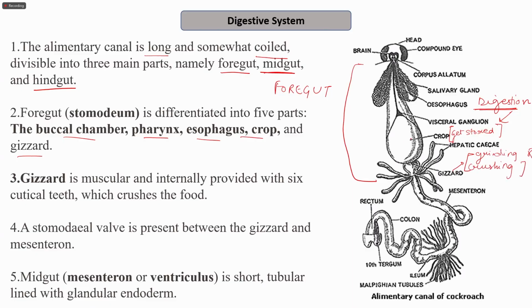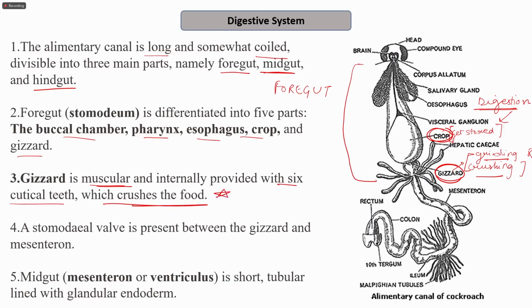Many people get confused between the function of the crop and the gizzard. The gizzard is a muscular structure, internally provided with six cuticular teeth which crush the food.